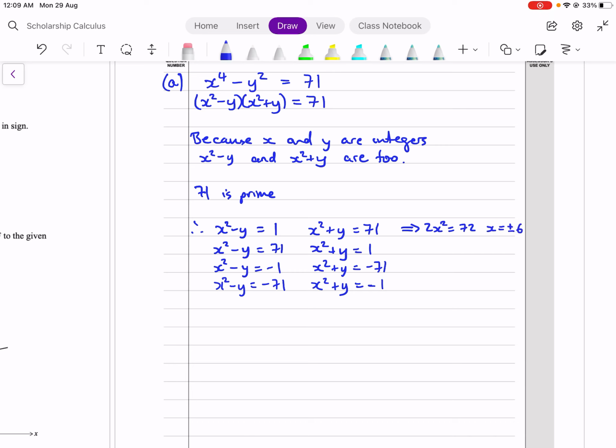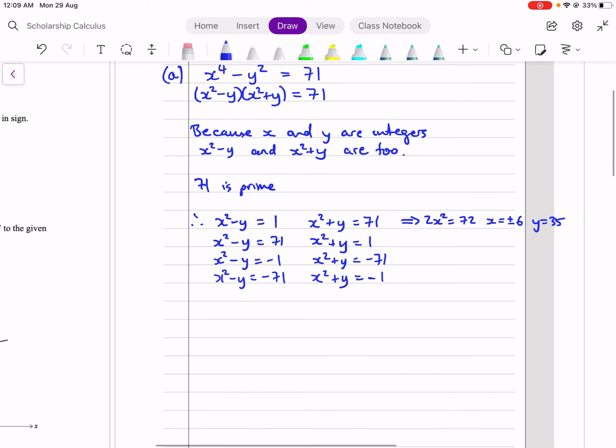If we put plus or minus 6 back into the equation, we find that y has to be equal to 35. If we add the next two equations, we get the same thing for x. X is plus or minus 6, but in this case y is equal to negative 35.